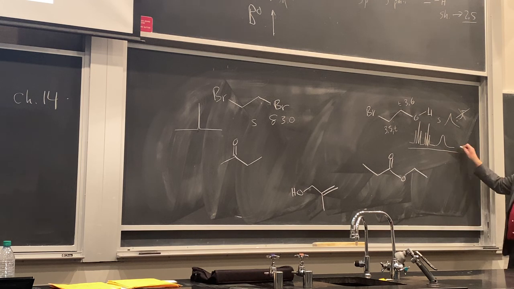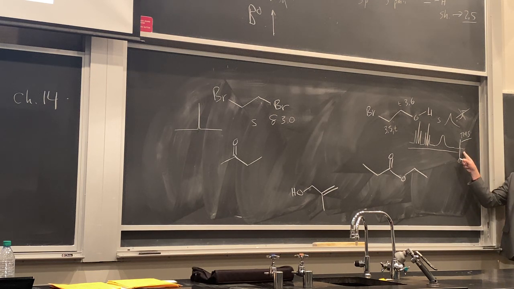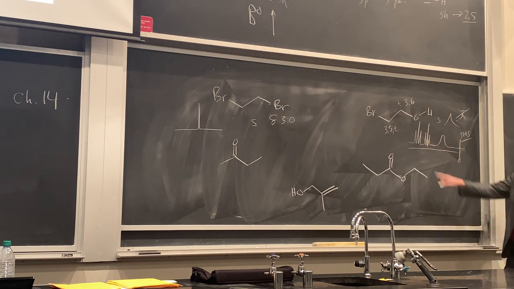So 0, you don't have to show TMS, but it's always normalized to the shift to TMS. So don't call TMS another group. It's a signal that will show up in the NMR often, but that's what we calibrate the instrument to. We put that as the 0 frequency. But yeah, two triplets and a singlet there for this guy.